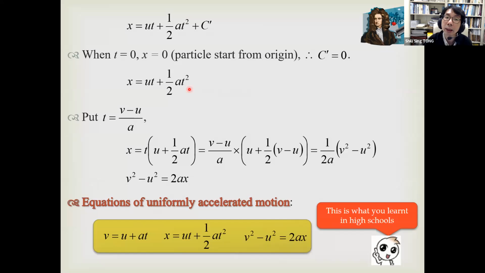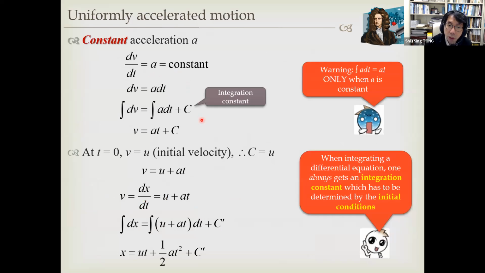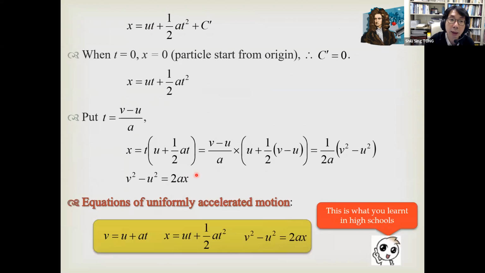I can also, if I like, eliminate t, because I know v is equal to u plus at. So I can make t the subject and write t as v minus u over a, and substitute it into the expression of x. I extract a factor of t first, so I replace the t with v minus u over a here.